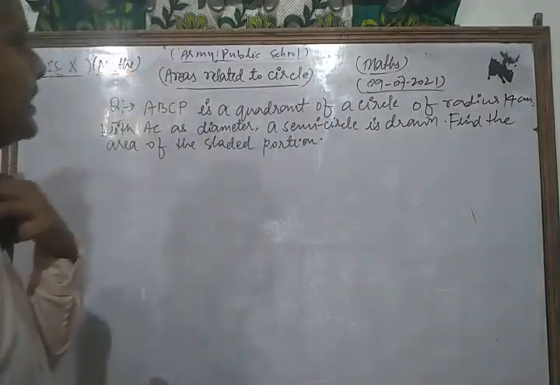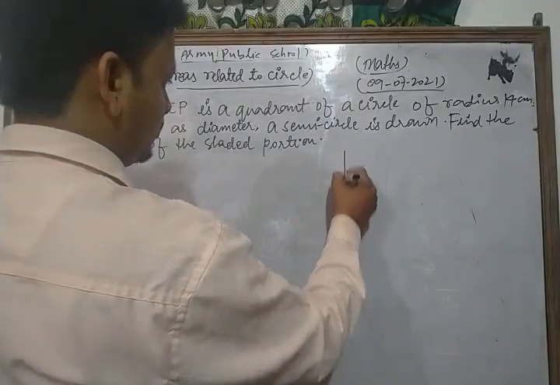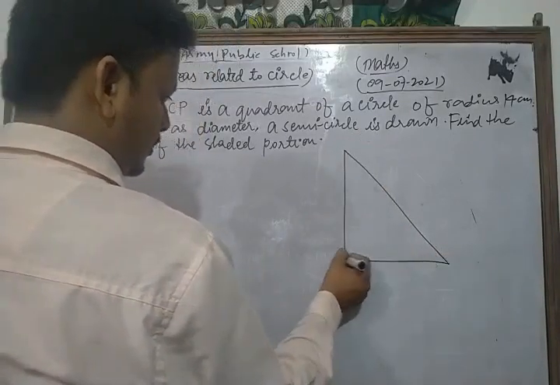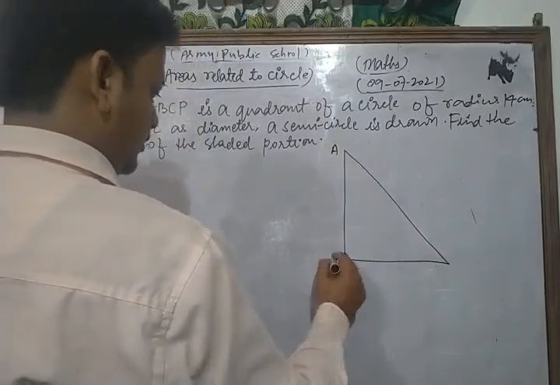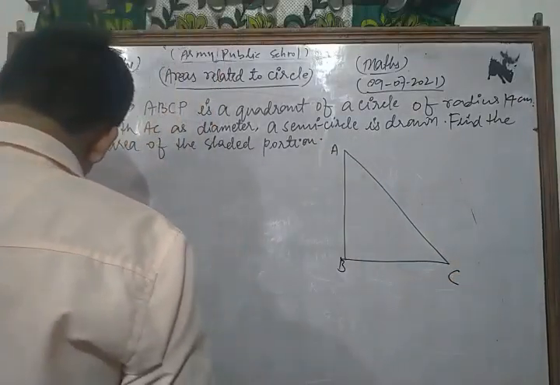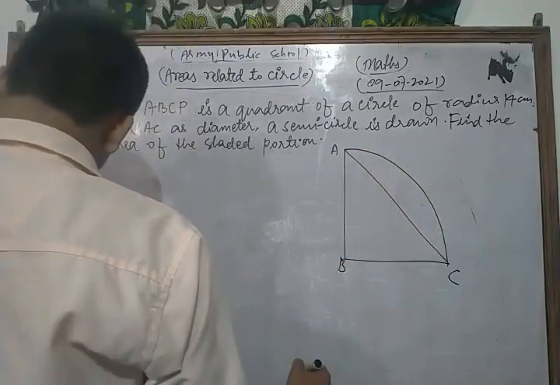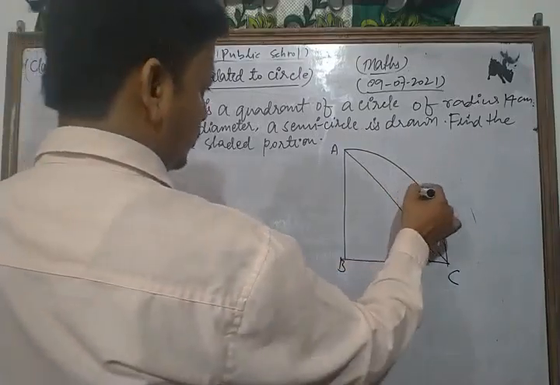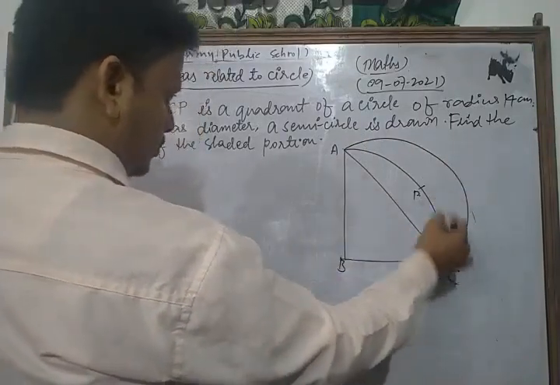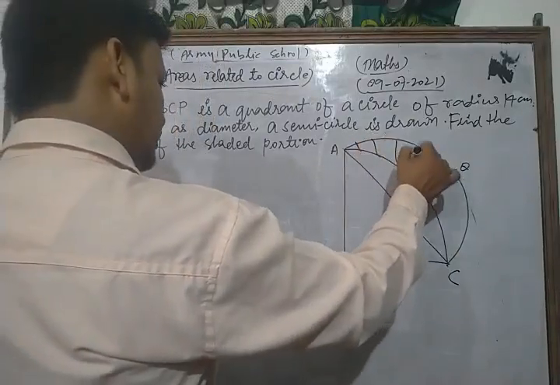In your question, ABCP is a quadrant, and this is your figure: A, B, C. This is your P, and this is point Q, and this is the shaded region.